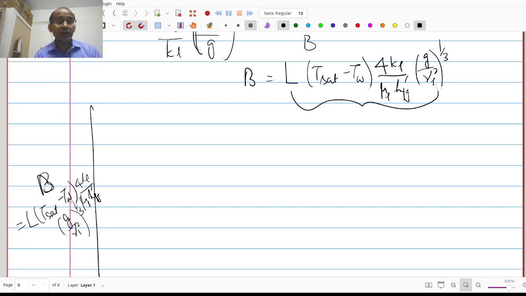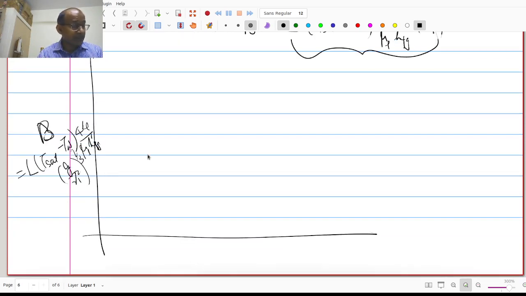So that is the expression for B on the y-axis, and on the x-axis you have REL, which is nothing but 4 by mu L into m dot prime of L.